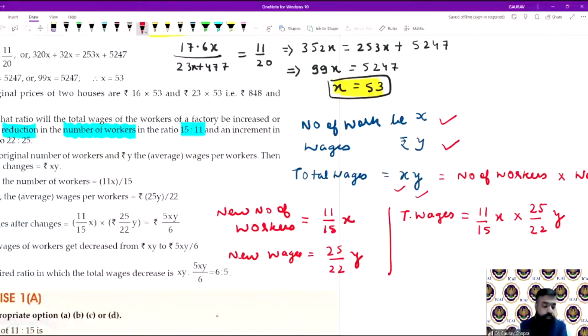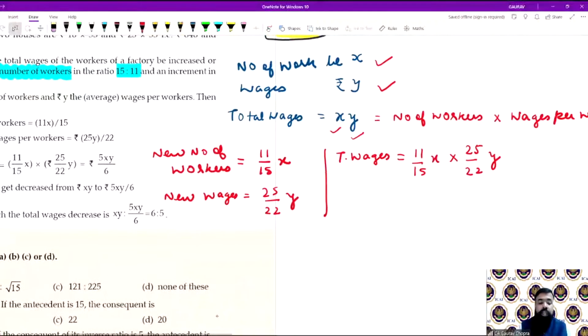This is the wages. Now we can do the cancellation and see what we can get from here. 2, 5 and 3. So we are getting 5 upon 6 xy.